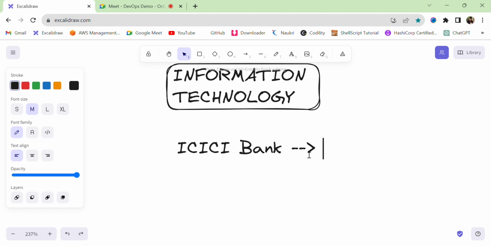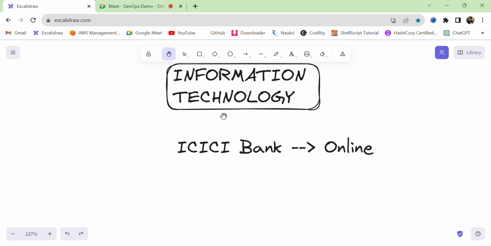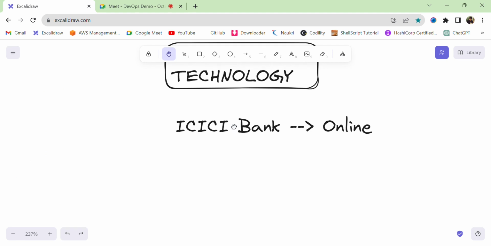So ICICI Bank thought they wanted an application, a software, wherein customers, rather than physically coming to the bank, can go online and do all these activities that were performed offline.